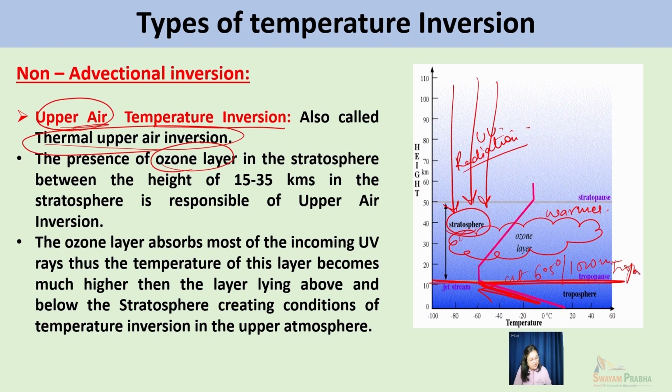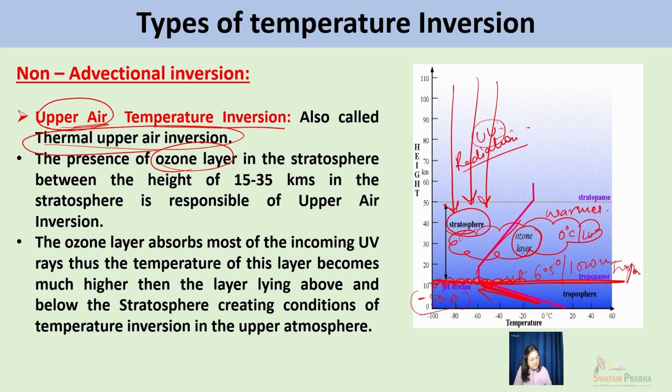So the temperature at the base of the stratosphere, or you can say at the uppermost region of the troposphere, is somewhere around -50 to -60. But due to the presence of the ozone layer, and ozone absorbs heat in the form of UV radiation, the temperature increases and becomes somewhere around 0 degrees Celsius.